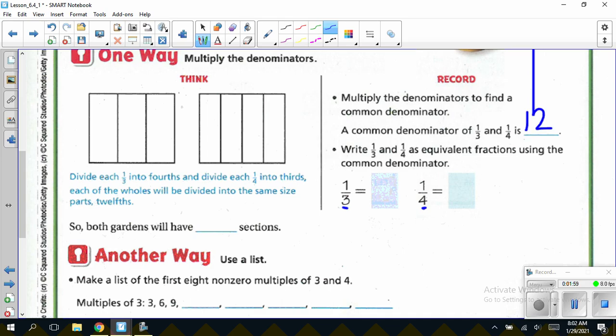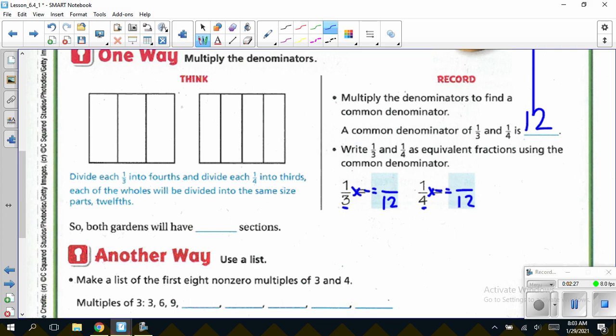And then I would go ahead and write both of those fractions as equivalent fractions using that common denominator of 12. So I always take away this equal sign right away, and I'm going to put a multiplication sign because I want to show how I am changing both of these fractions to have those denominators of 12.